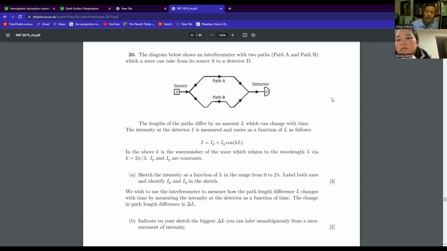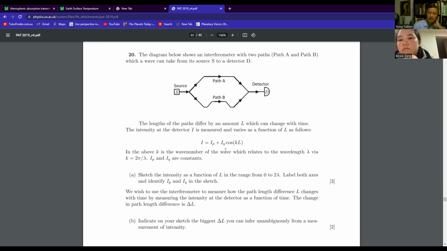So they want to compare after these two beams meet again. They call the splitter here, right? They join them together after traveling different paths. Okay, that makes sense. The lengths of the paths differ by an amount L. That is, there is a path difference, which can change with time. Okay, the intensity at detector I is measured and varies as a function of this. So that is phase dependent, right?